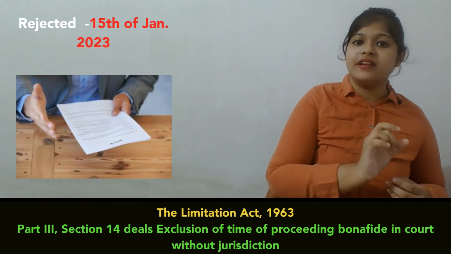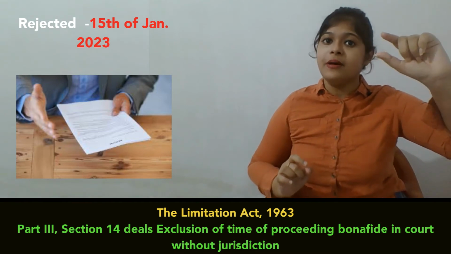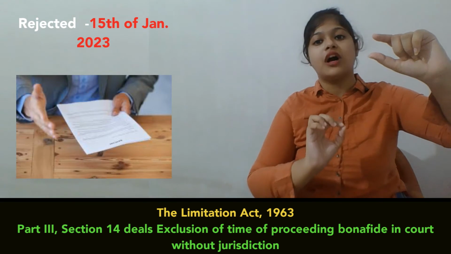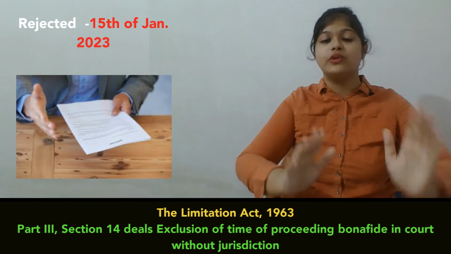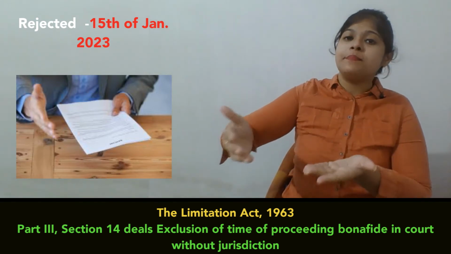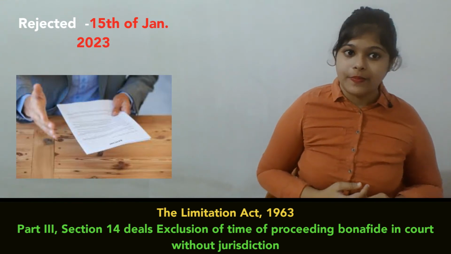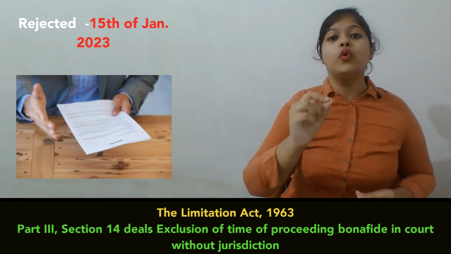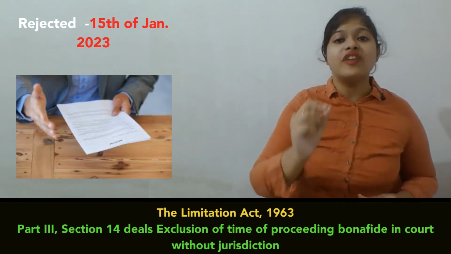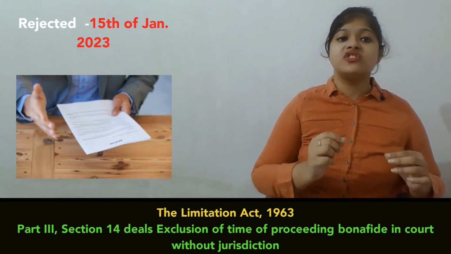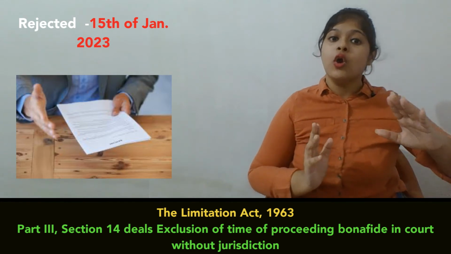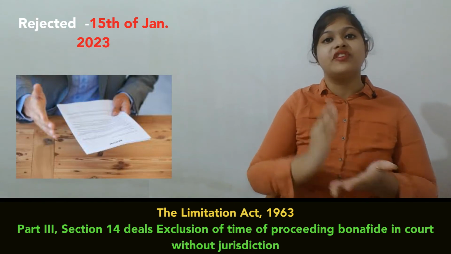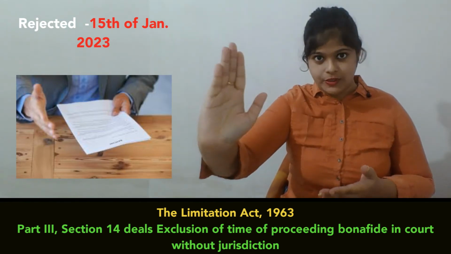Then the time period from 1st of December 2022 till the 15th of January 2023 will be excluded and added in the prescribed period of the Limitation Act. Also, it must be kept in mind that by applying Rule 2 of Order 23 of CPC, the previous suit that has been withdrawn will be deemed to be never filed and a fresh suit will be treated as the first suit.